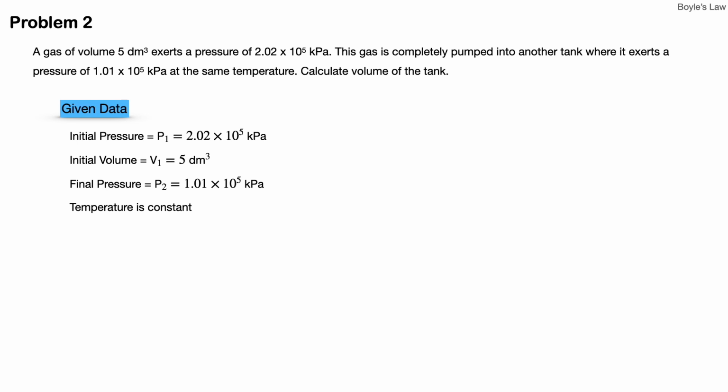And when the temperature is constant, we know which law to apply, that is Boyle's law. We have to find out the volume of the tank, because the gas will acquire the volume of the tank, meaning both will have the same volume. We are going to calculate the volume of that gas, which will reflect the volume of the tank.